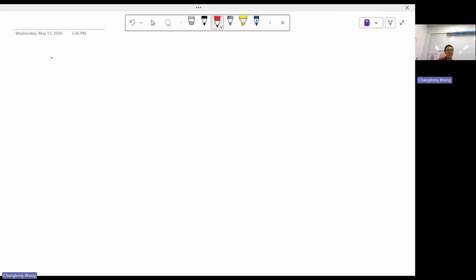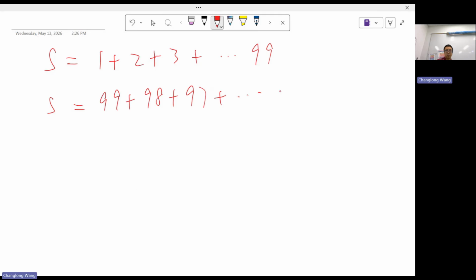He said, I don't know what the sum for that many terms is, but you can rewrite the sum backwards. From 99 down to 98, to 97, all the way to 1. Those two sums are the same. And he said, now why don't you just add them up?